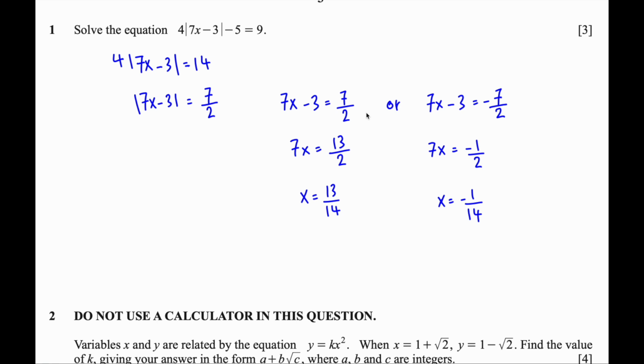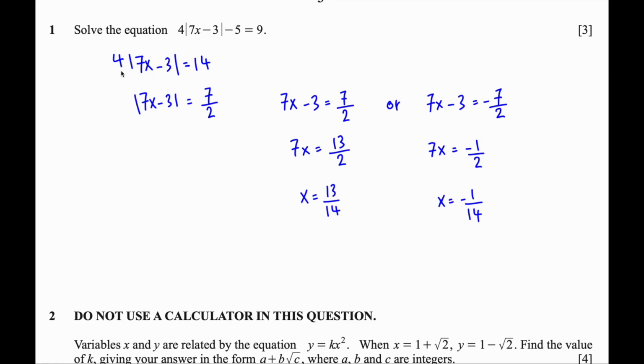In question number 1, we are asked to solve this equation which has an absolute value. First you have to remove this -5, move it to the other side and add it up with 9, which gives you 14.